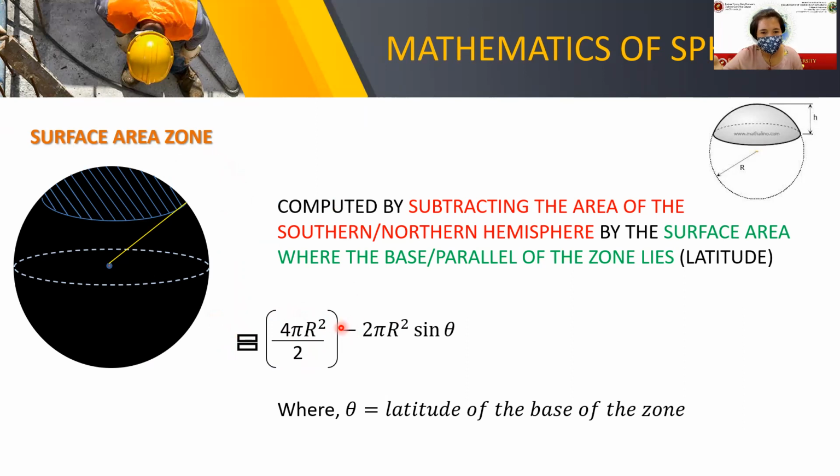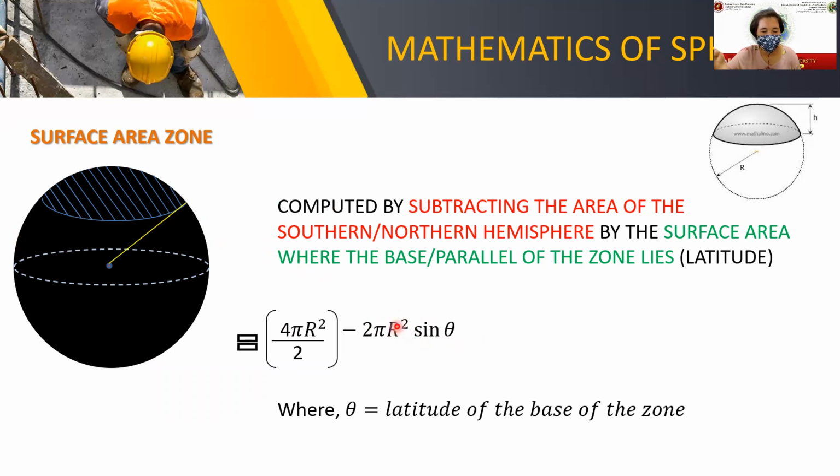Then minus 2 pi r squared sine of theta. So what is 2 pi r squared sine of theta? This is the area here, right? 2 pi r squared sine of theta.